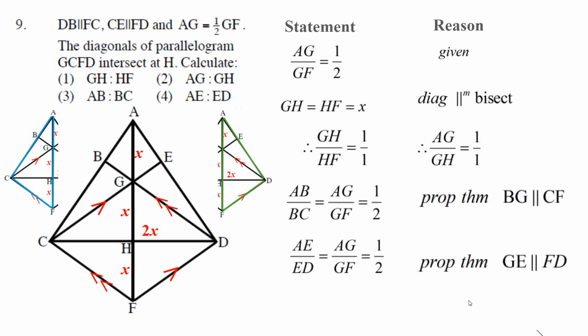The proportionality theorem and GE being parallel to FD, that's the reason we can say that AE and ED are in a ratio of 1x to 2x, because of this other side of the triangle. The sides of the triangle are proportional because of the parallel line there. Well, that was a little bit trickier, but there you go. I hope that explains it.